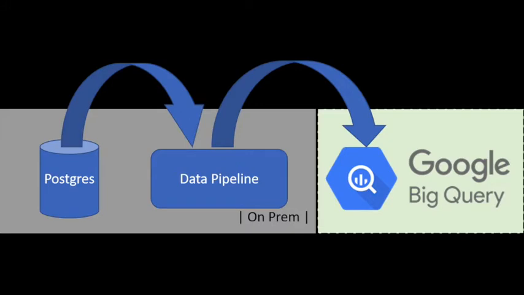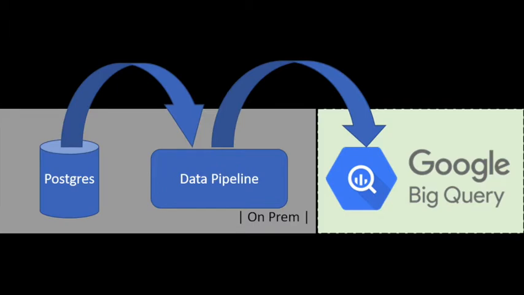But today we will limit to just BigQuery. Data ingestion has many approaches, and this demo is to focus on one such approach. It's called a pipeline, and we will use an open source tool called StreamSets for building the pipeline.